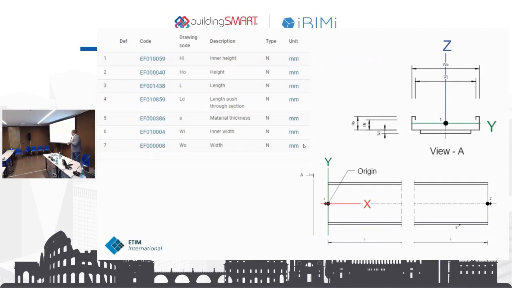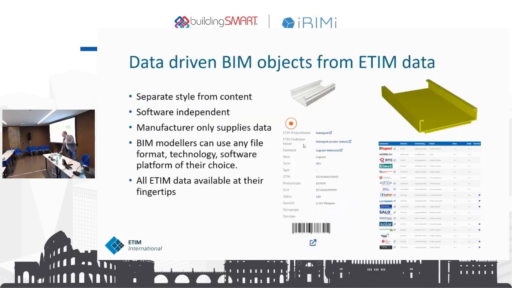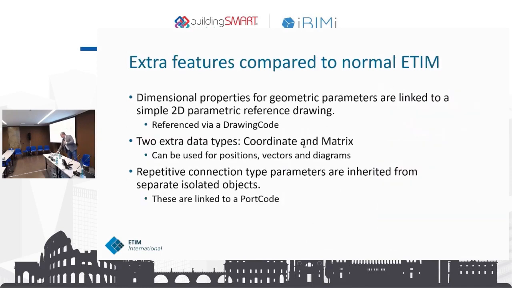This is what the reference drawing is actually meaning: you could go to an online data pool, find a product from a manufacturer, and then based on the data that's in the database, generate on the fly a 3D model. And you can download it in whatever format. Or you could integrate it into your own BIM application.